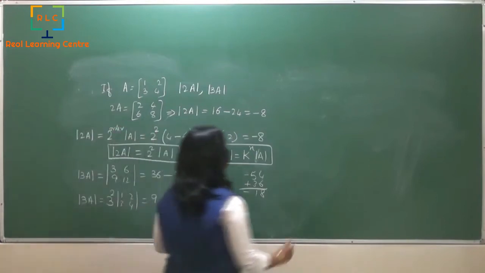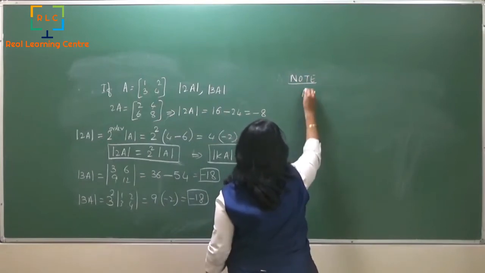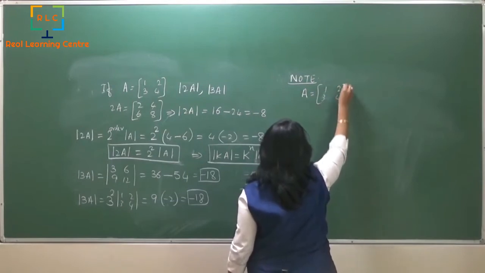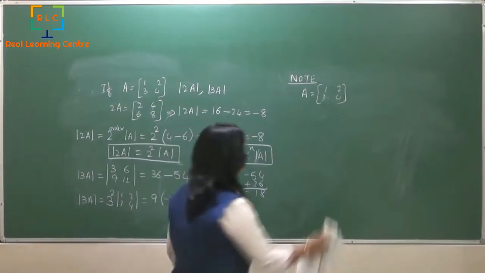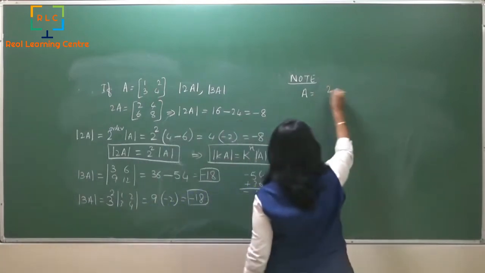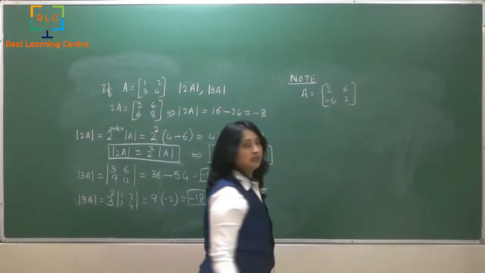So now I am coming to one note point. Okay, if A is equal to 1, 2, 3, 4, no, let me take it in a different way. I shall take it as 2, 6, minus 4, 2, something like this.